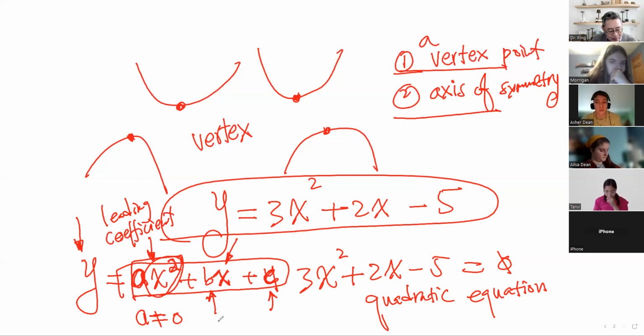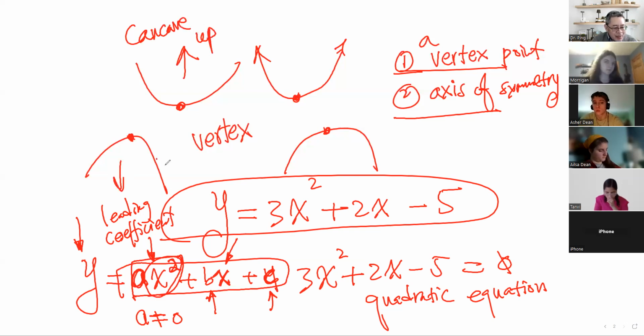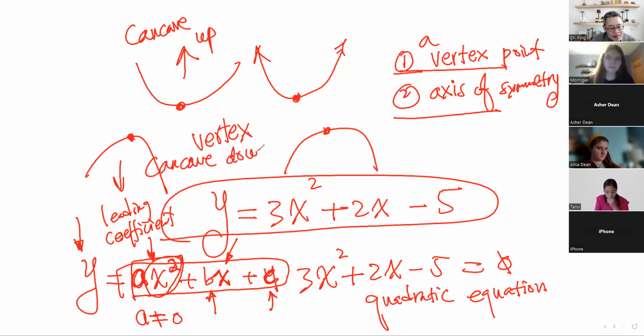It depends on what numbers they have, then we'll have different shapes of the graph. This is something we call concave up, and this is called concave down. And we can see what determines whether it is going up or going down.